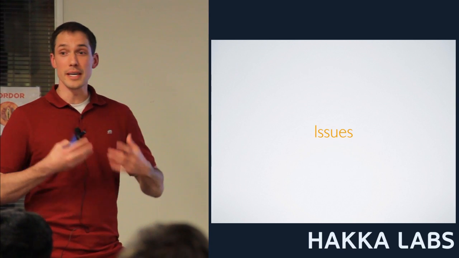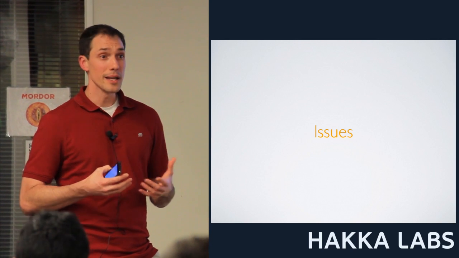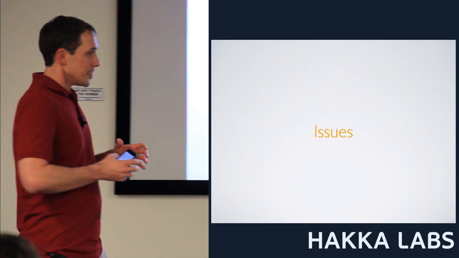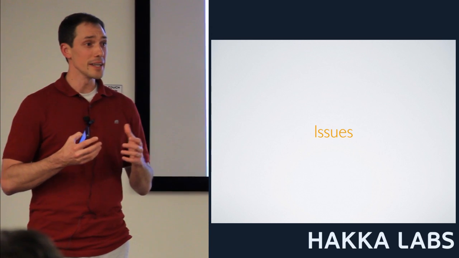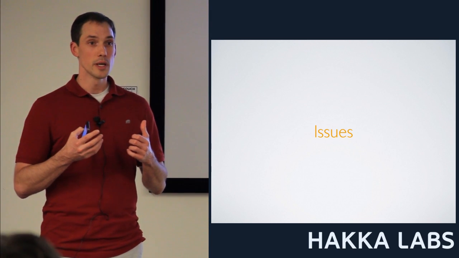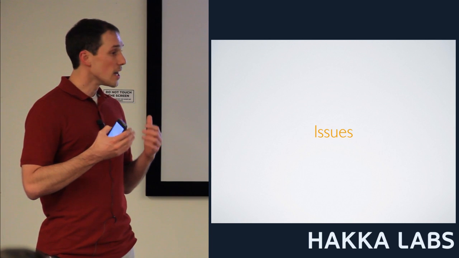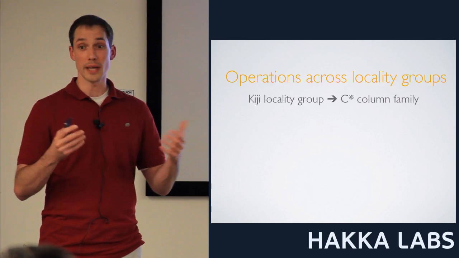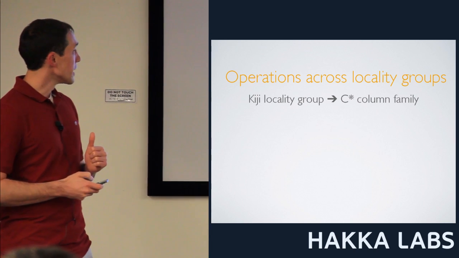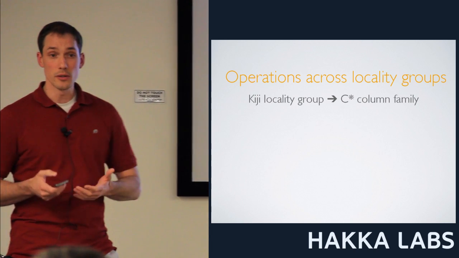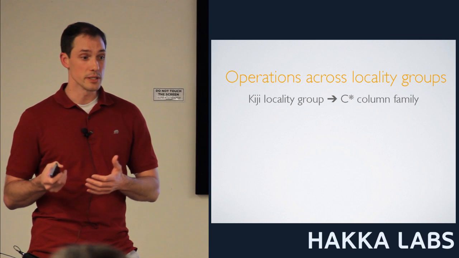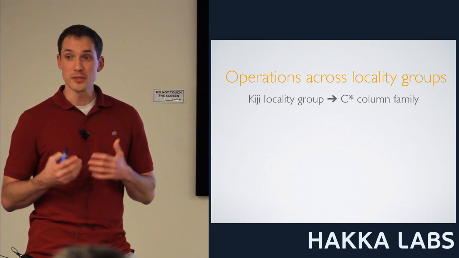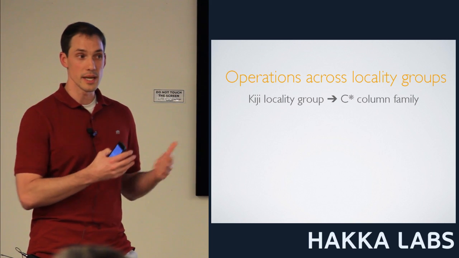So now let's talk about some of the issues with this mapping and how we've addressed them. The biggest issue is that Kiji allows operations that operate at the same time on multiple locality groups. Remember, a locality group in Kiji, which can contain multiple column families, maps to a single column family in Cassandra.